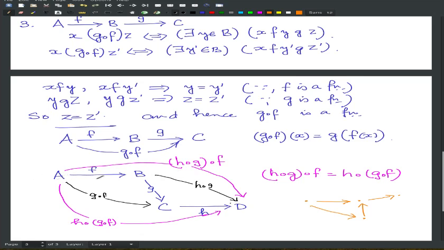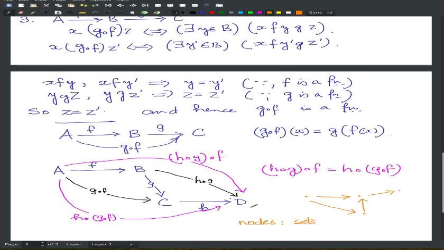The nodes will be sets, and the arrows will denote functions. And if you have a chain of such arrows, we will no more exhibit this composite one. So if we have this f and g, we will no more write this g composed f. We will know this composite is g composed f, it is there. Okay, that's the first thing.